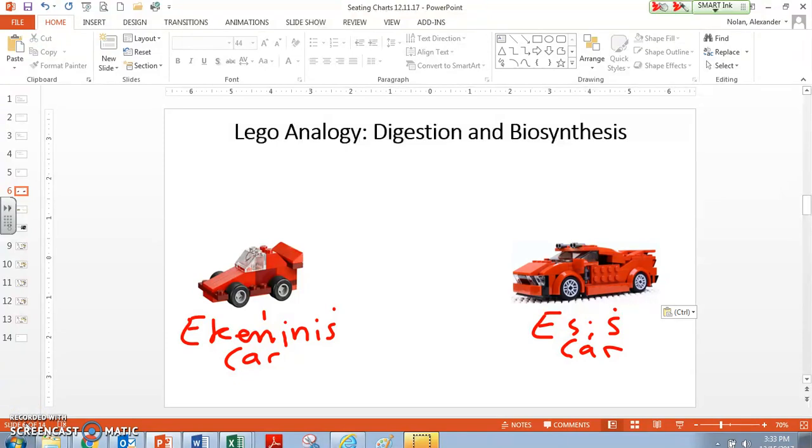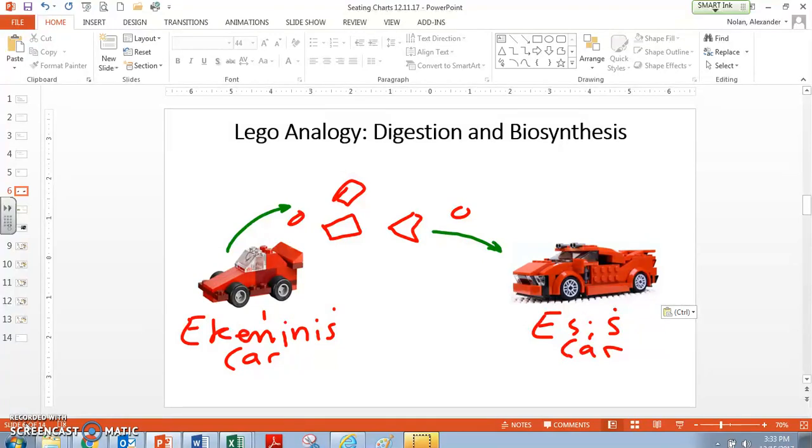She takes some of his blocks, pieces of Legos, and she actually takes them, steals them, and puts them into her car. So she's grabbing some of his pieces, and she's adding those to her car. This is what the story explained. Now she's got this brand new fancy car.